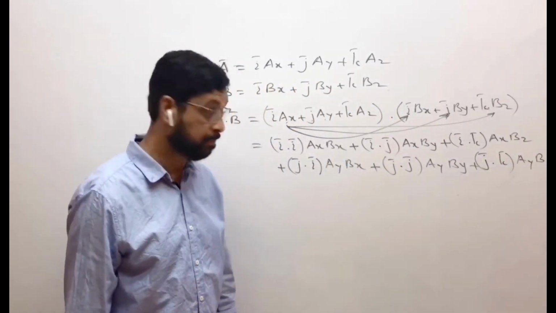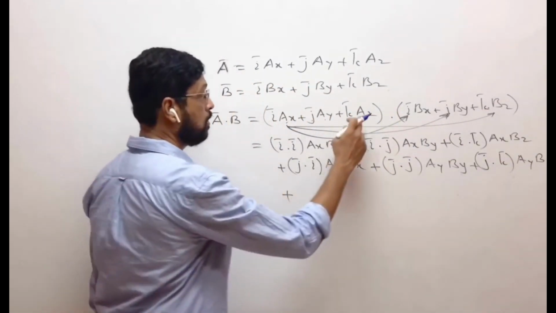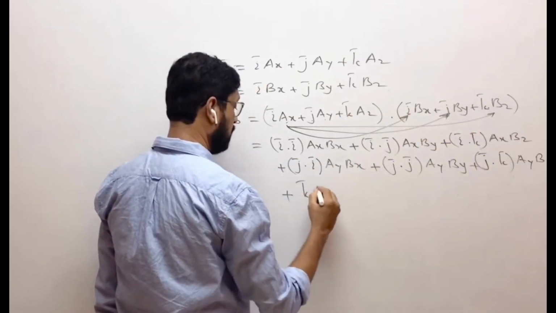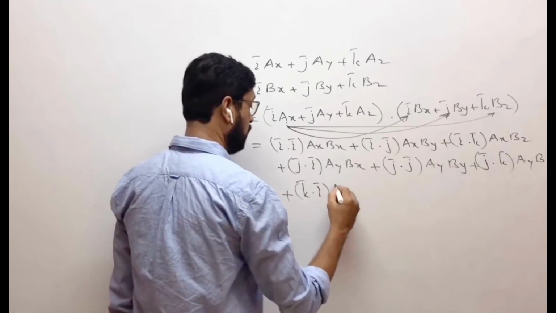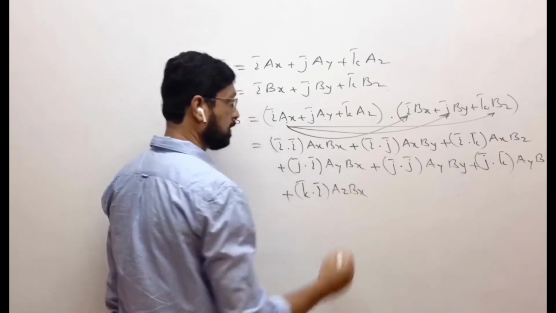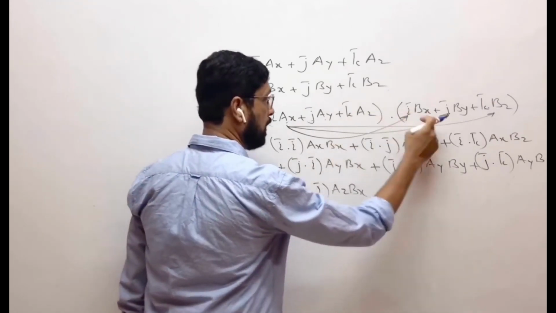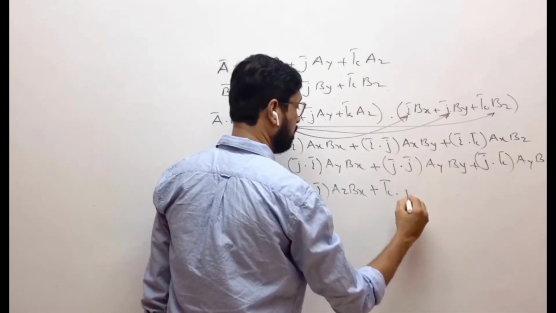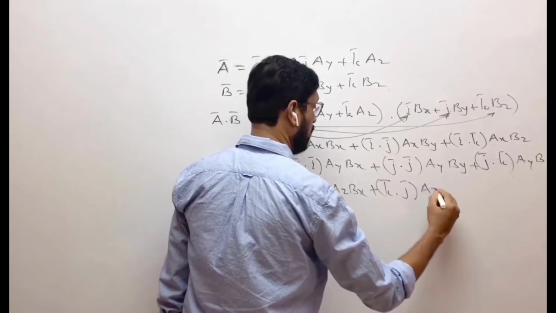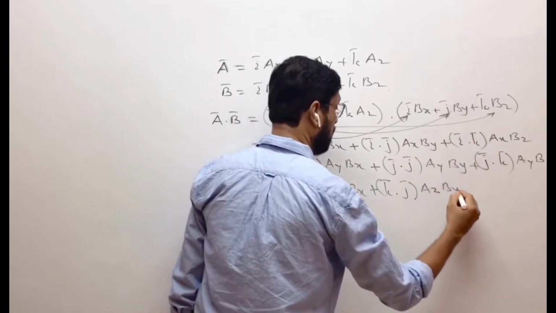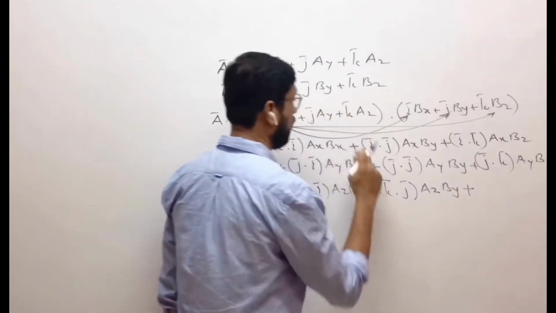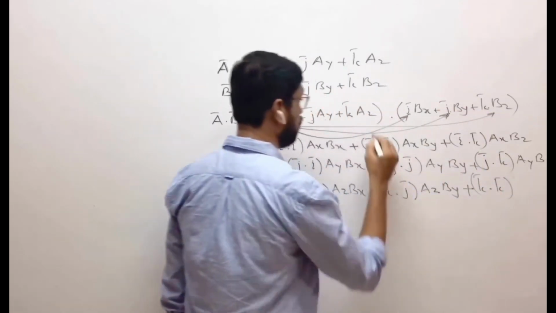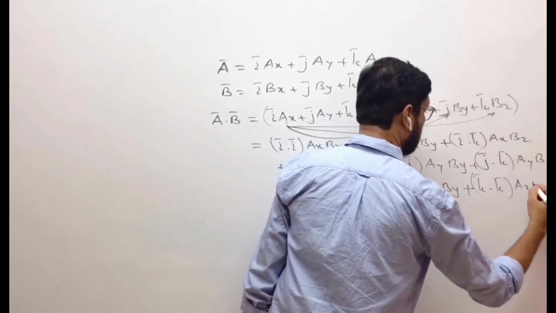Is it correct? Plus, I will multiply this with every term. K dot I into AzBx, plus K dot J into AzBy, plus K dot K into AzBz.